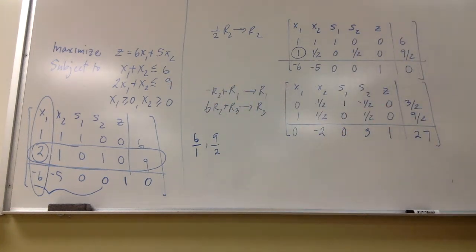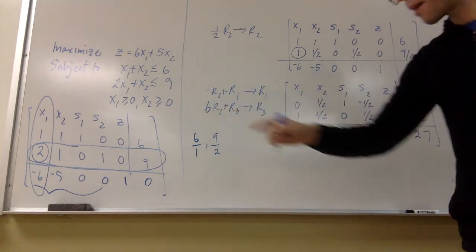The next step is to make the pivot element a 1 by multiplying the row that it occurs in by an appropriate non-zero constant. We can do this by taking row 2 and replacing it by a half of row 2. So we're dividing row 2 by 2 here.